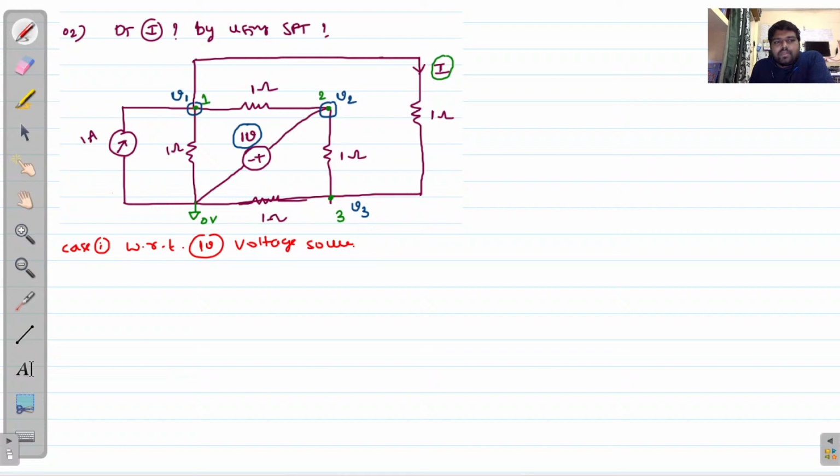That means the 1 ampere current source should be considered as an open circuit. Now I will redraw the circuit. I'm getting a circuit like this.